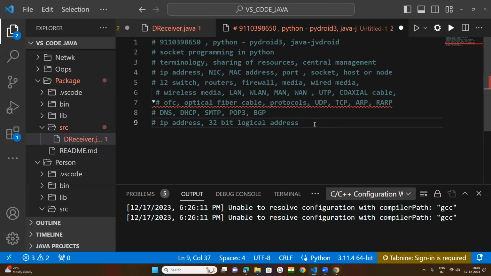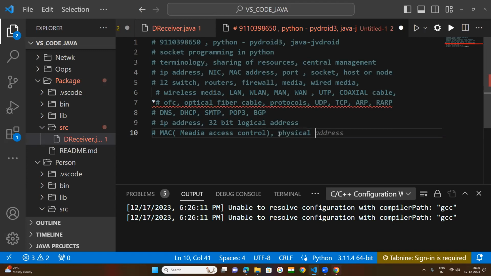MAC address is a permanent address. MAC means media access control address. Otherwise, it has one more name, physical address.